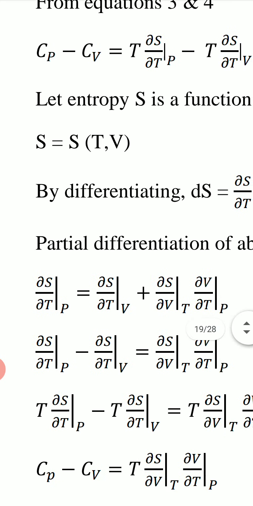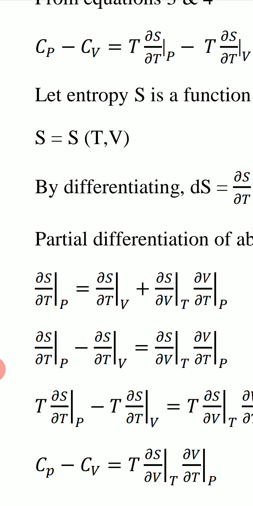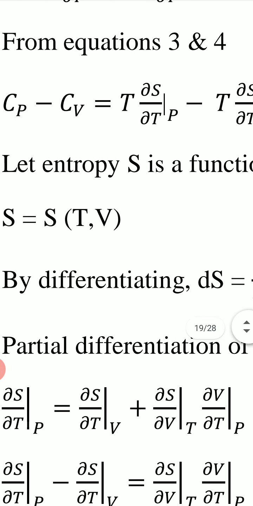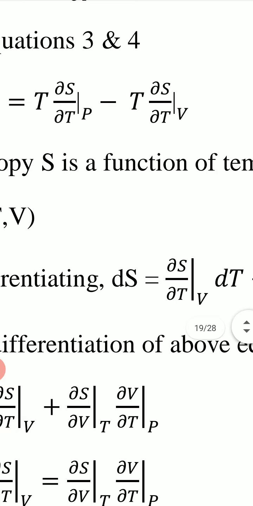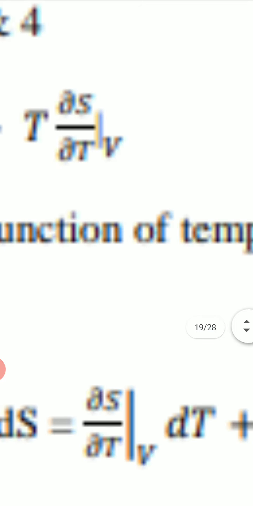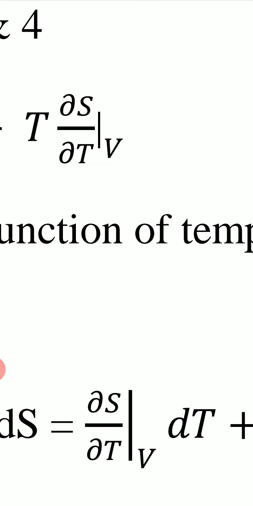So we write here S as a function of T and V. This is the expression for Cp minus Cv. In right hand side, in last term, we have delta S upon delta T at constant V. So remember, from here we write S as a function of T and V. Remember the order, S T V, delta S upon delta T at constant V, S T V. So we write S as a function of T and V.